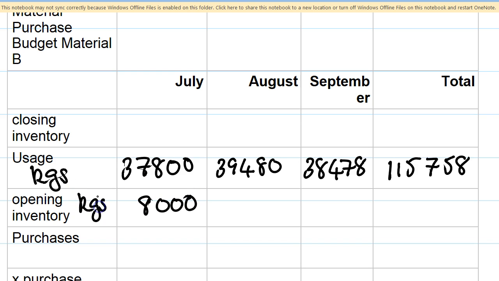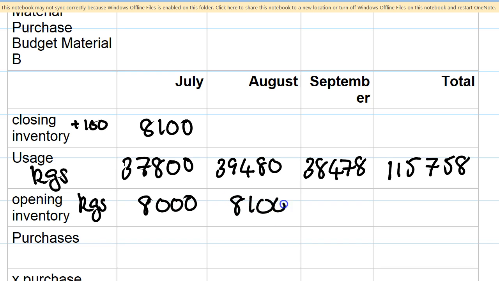Our opening inventory, we've been told in the question, is 8,000 again. Remember, these are kilos. 8,000 kilos, and we add 100 kilos as per the question, 100 kilos to make our closing inventory.